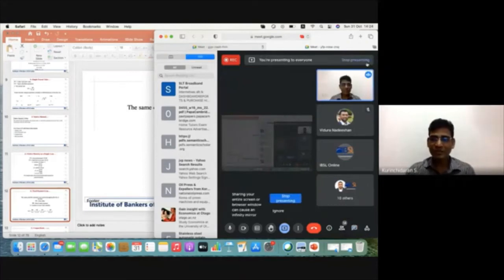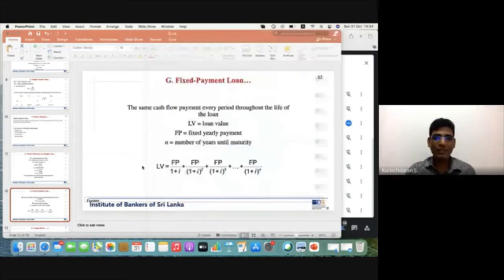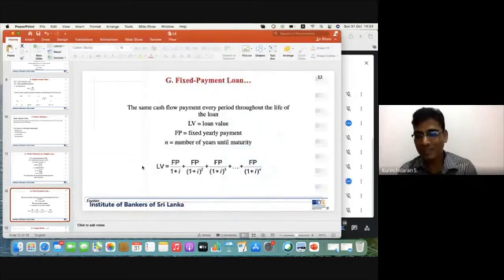So, okay. Can anybody tell me, based on this example, or can I go with Rangana? So now we always talk about this impairment, right? How that works?